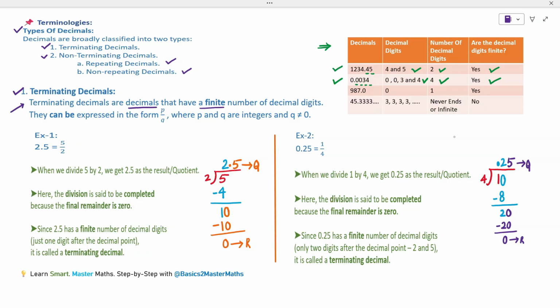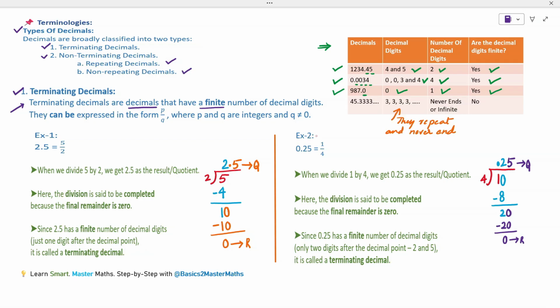Next example. In 987.0, 0 is the decimal digit. So, the number of decimal digits equals 1, which is finite. Hence, 987.0 is a terminating decimal.